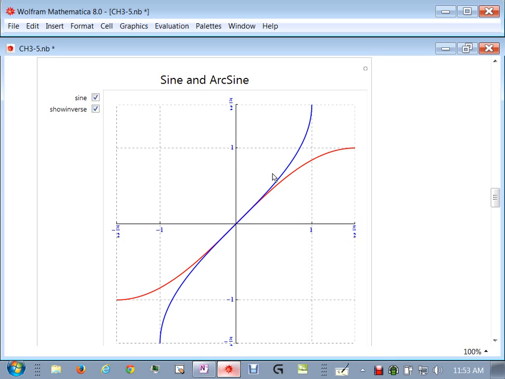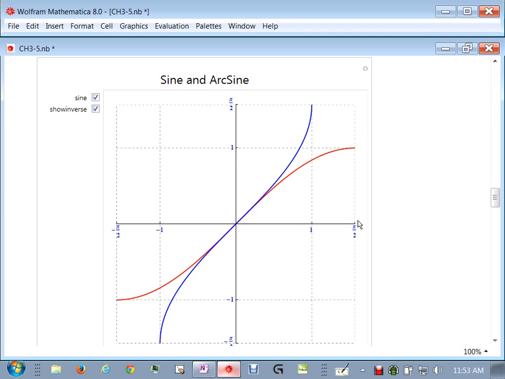And what I wanted to point out with this was how the inverse works, just to make sure everyone's clear on how an inverse works. If I plug pi over 2 into sine, what's sine of pi over 2? From this graph, it's 1, right? Yes? Sine of pi over 2 is 1.